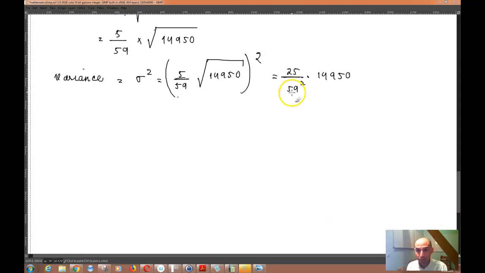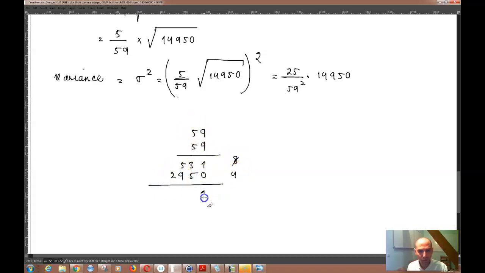That means that 59 squared is 59 times 59. 9 times 9 is 81. 5 times 9 is equal to 45, 45 plus 8 is equal to 53. 5 times 9 is equal to 45, and 5 times 5 is 25, and you get 3481.